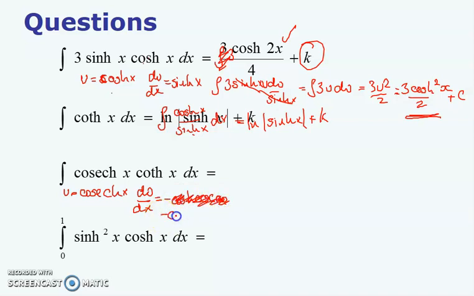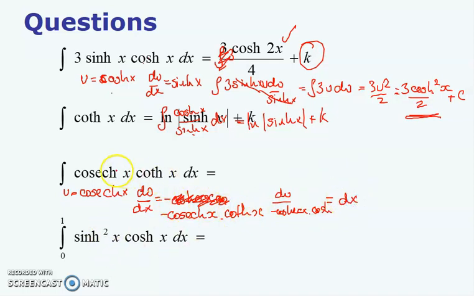Let's write this down again. Minus cosech x times coth x. So it's worth learning these. So if I differentiate cosech, I get minus cosech coth, which is a bit of a mouthful to say, to say the least. So anyway, du divided by that, minus cosech coth, I'm going to abbreviate it like that, is equal to dx.